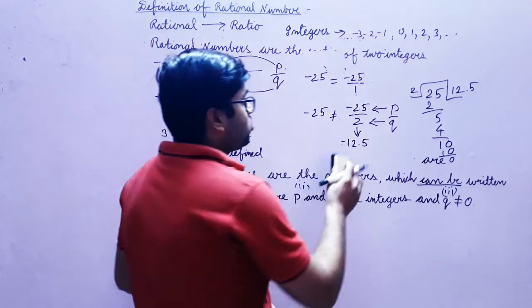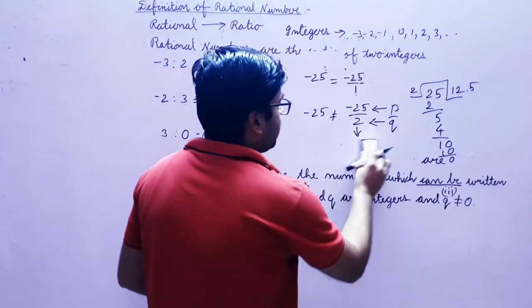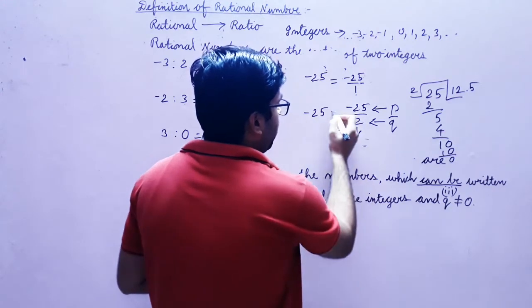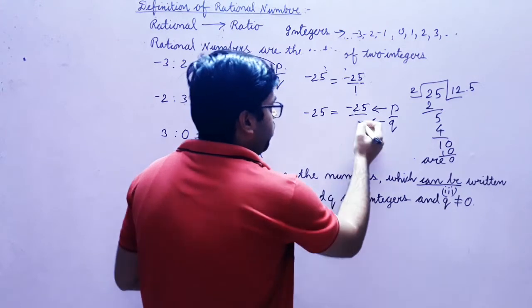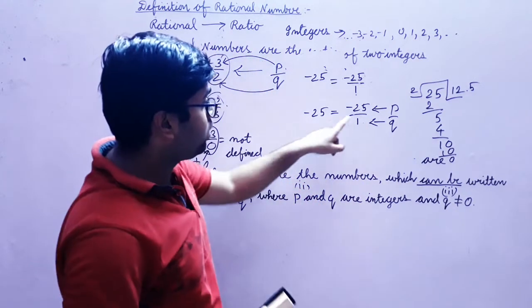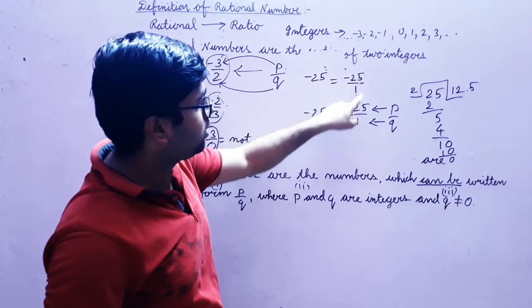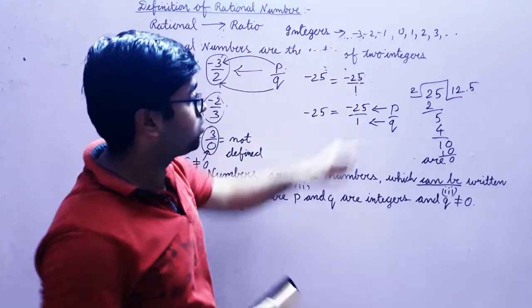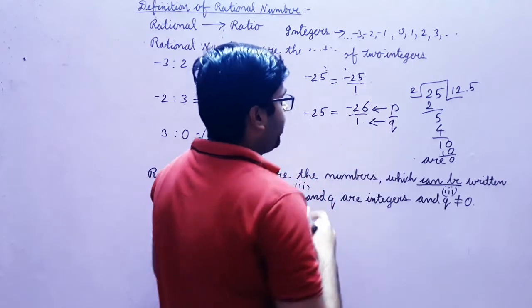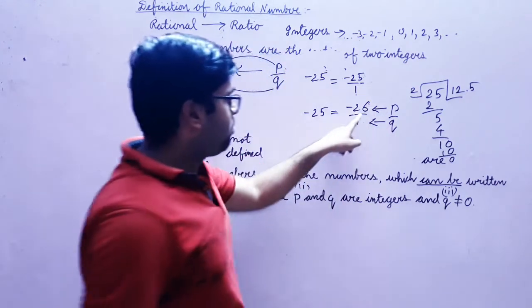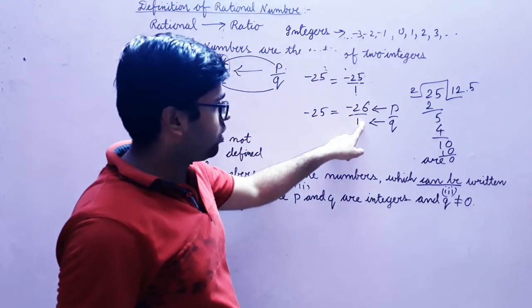Now similarly students ask, okay, we can't change this denominator, that is we have to write it 1. Can we change the numerator, that is, instead of minus 25 can we write minus 26 for example? Let's try to see this. Let's divide minus 26 by 1.